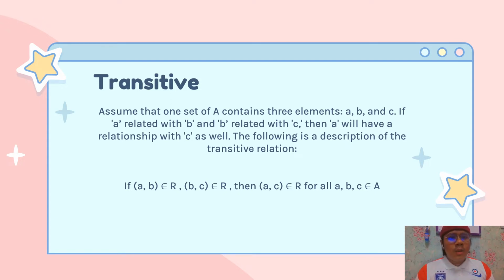We can make one description for the transitive relation: if (A, B) is an element of R, and (B, C) is an element of R, then (A, C) is an element of R, for all A, B, C elements of set A.